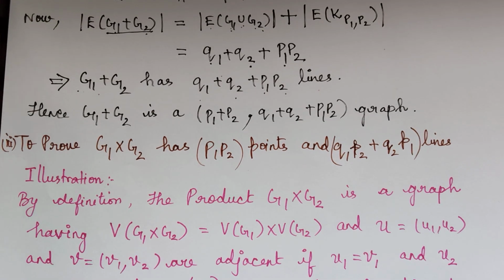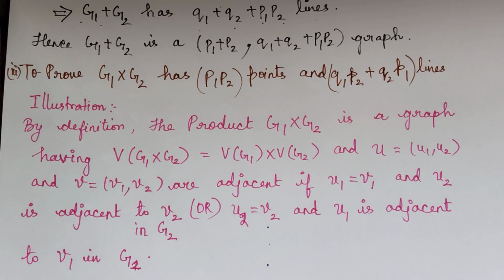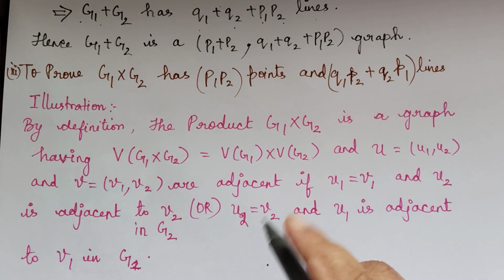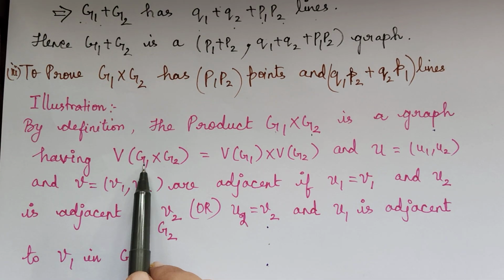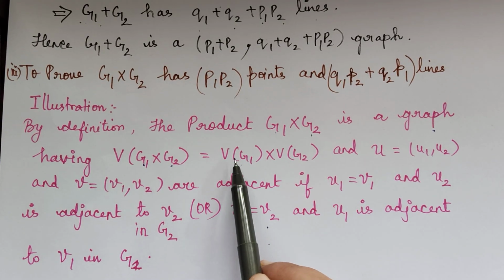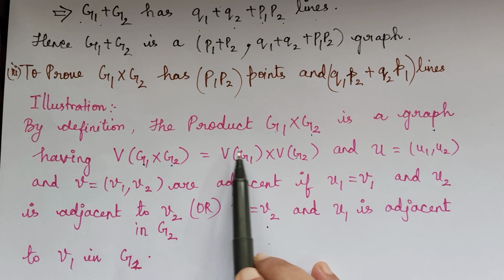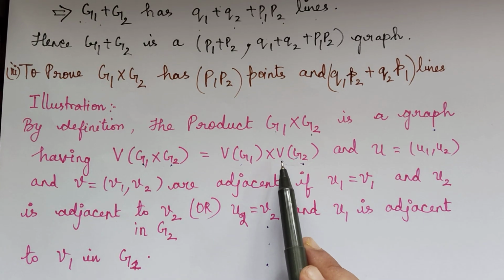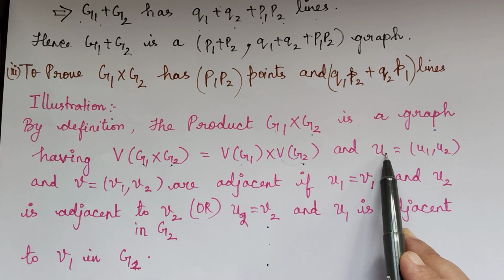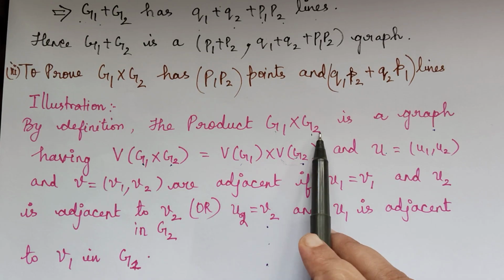By definition, G1 cross G2, that is the Cartesian product of G1 and G2, is a graph having the vertex set of G1 cross G2 equal to the product of the vertex set of G1 with the vertex set of G2. And when are 2 points adjacent in G1 cross G2?